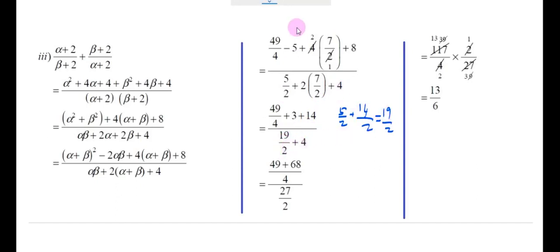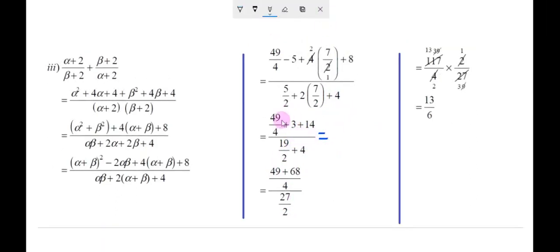plus 4. Okay, now next I write here 49 by 4 plus 3 plus 14, it is 17, whole divided by 19 by 2 plus 4, that is equal to 49 plus, okay, just do a cross multiplication or take LCM.